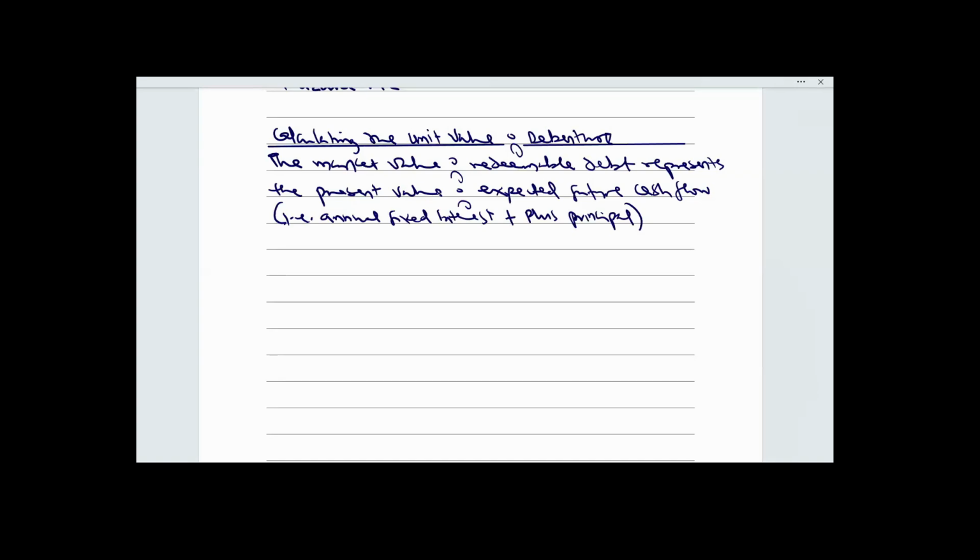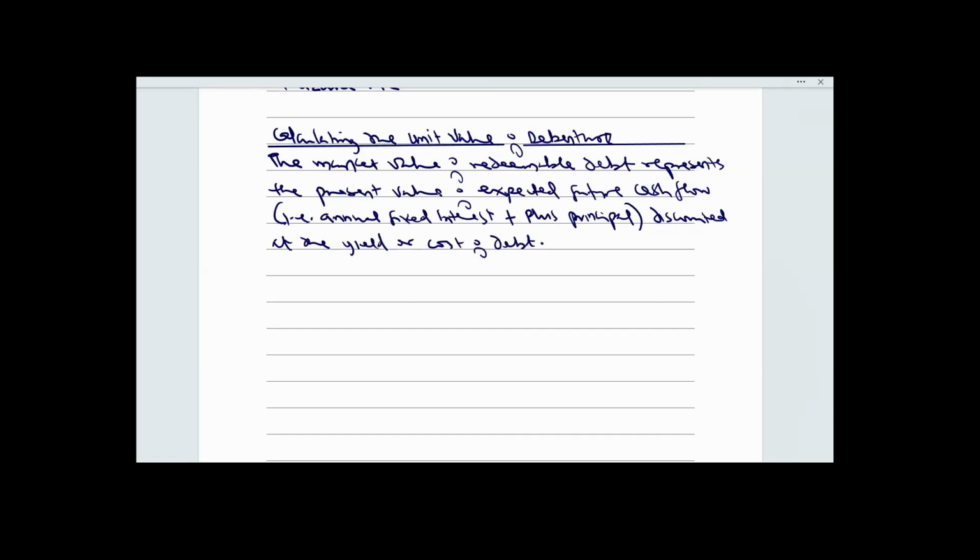So when you are calculating the market value of redeemable debt, it represents the present value of the expected future cash flows discounted at the yield, or cost of debt.